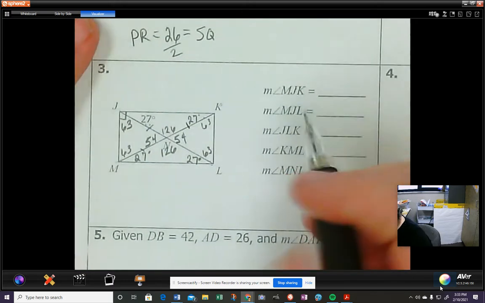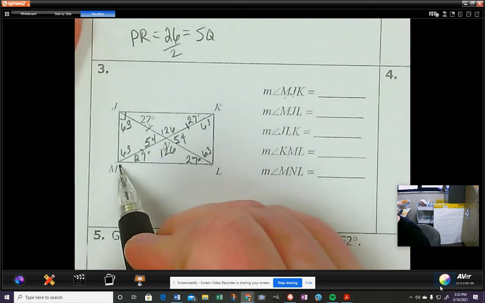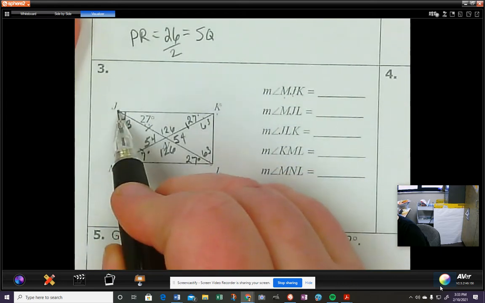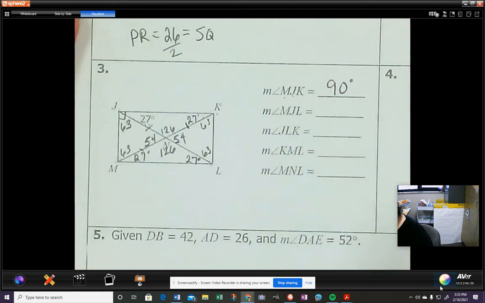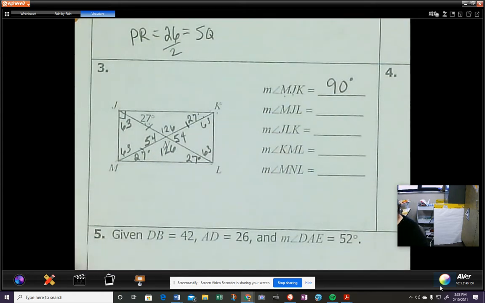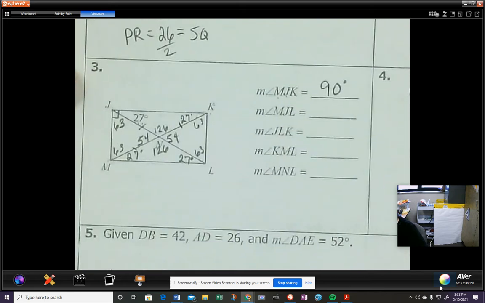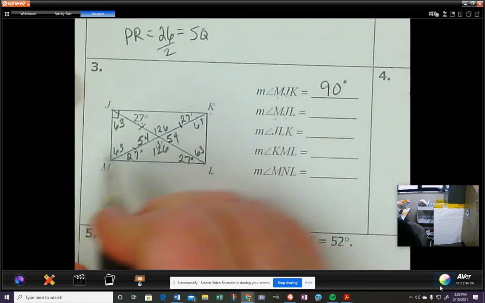So let's figure out what we have. MJK. That whole angle is 90 degrees. That's given to us because we know that all parallelograms, all rectangles have 90-degree angles. MJL.